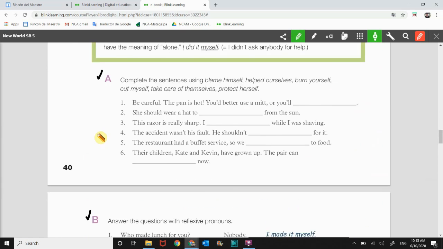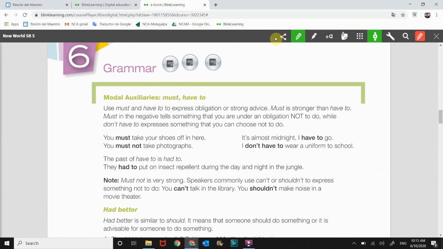All right, so let's read about modal auxiliaries, must and have to. Use must and have to express obligation or strong advice. Must is stronger than have to.